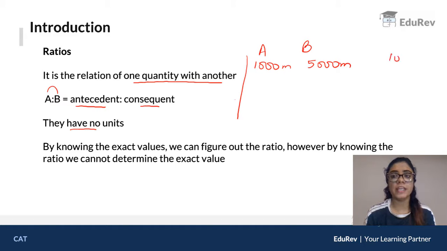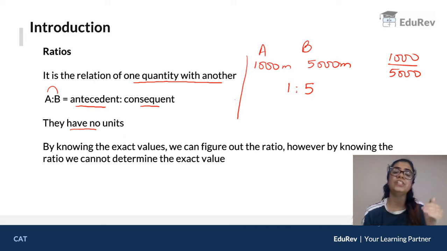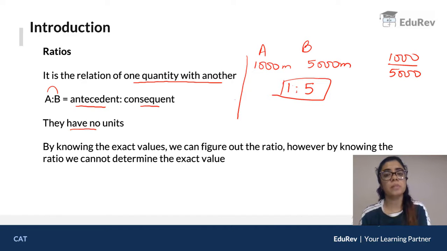So if I divide 1000 by 5000, my ratio becomes 1 is to 5. ठीक है? It is the lowest reducible form of two entities. So that is 1 is to 5. Now 1 is also in meters, 5 is also in meters. So basically your meter gets cancelled. That is the reason your ratio will never have units.